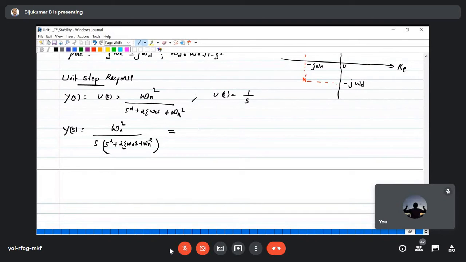So applying partial fraction, we can write A by s plus, and the next part we can write as Bs plus C divided by s square plus 2 zeta omega n s plus omega n square. Okay, please find what are the values of the residues A, B, and C, and tell me.